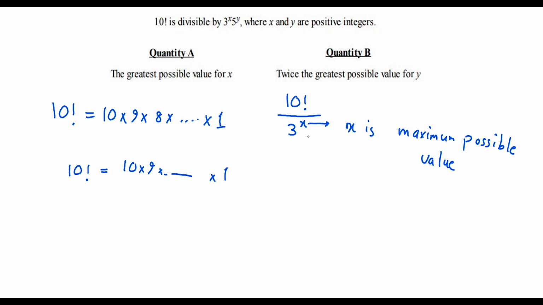And it has 3, 6, and 9. So there are 3 multiples of 3, but we should be careful because 9 has two 3s, so it is 3 times 3. So 10 factorial has 4 factors of 3.